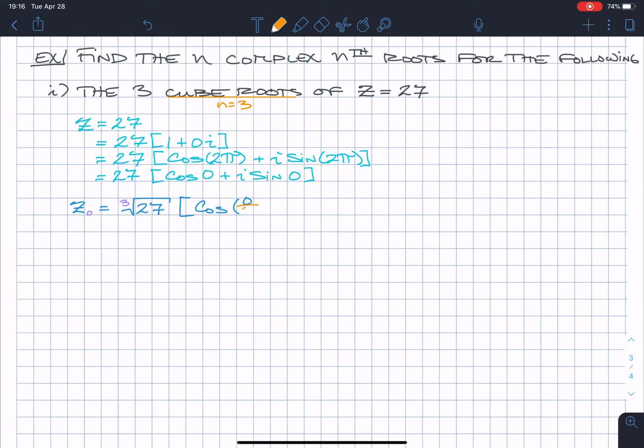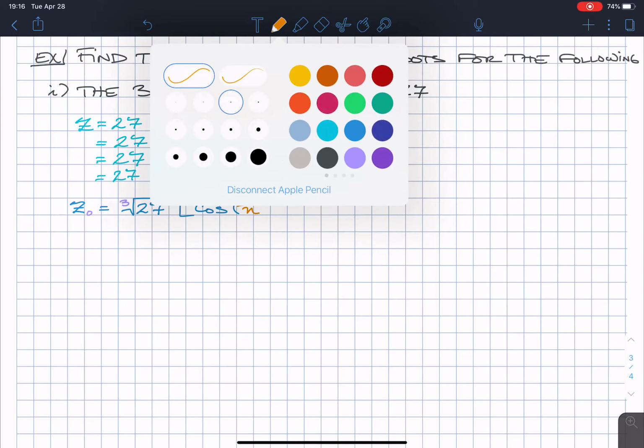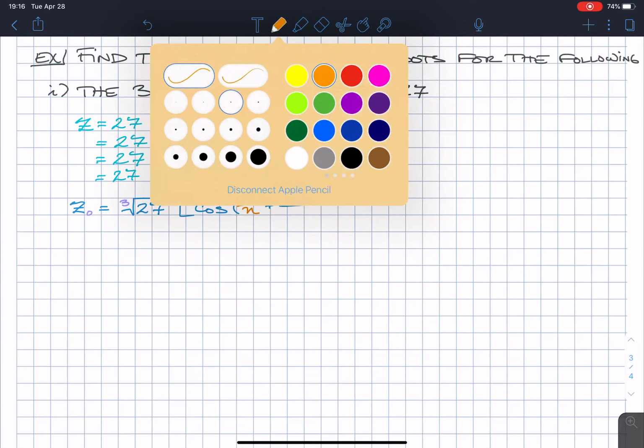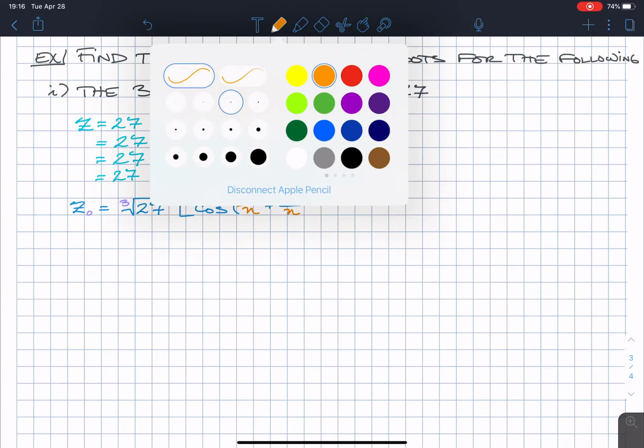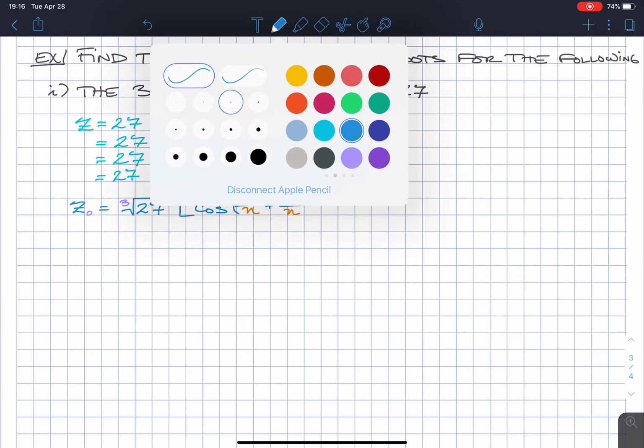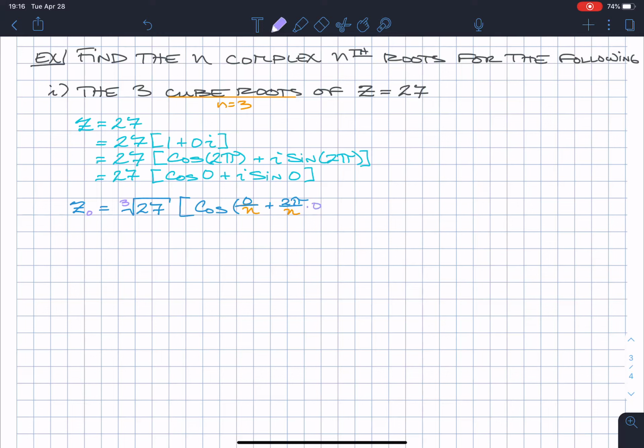So we have 0 over n plus 2 pi over n times k. Well, what is the subscript for this one? 0 for this subscript.